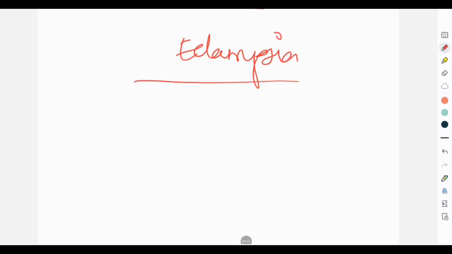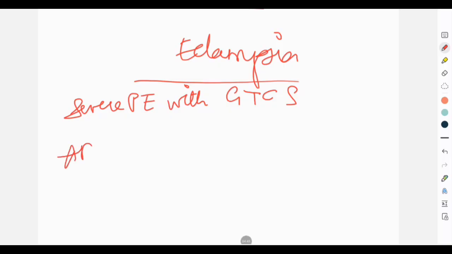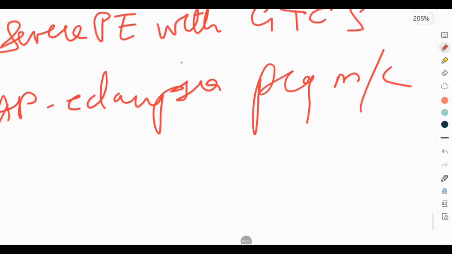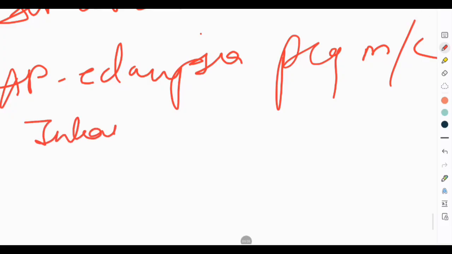So what is eclampsia? Severe preeclampsia with generalized tonic-clonic seizure which cannot be attributed to another cause. Then antepartum eclampsia, in pregnancy, is most common. Intrapartum, during labor.